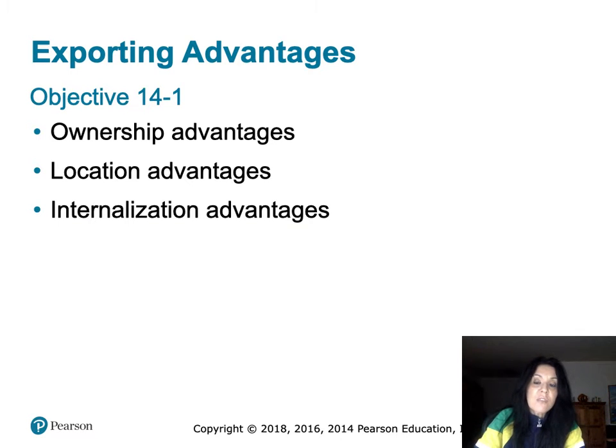So companies offset this liability by capitalizing on their advantages as well as selecting the mode of international business that best reflects their resource profile and risk tolerance. So exporting really sort of tries to minimize this liability of foreignness, even though it does not totally eliminate the problem. Okay?